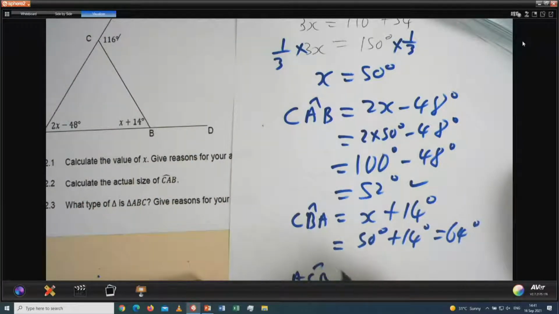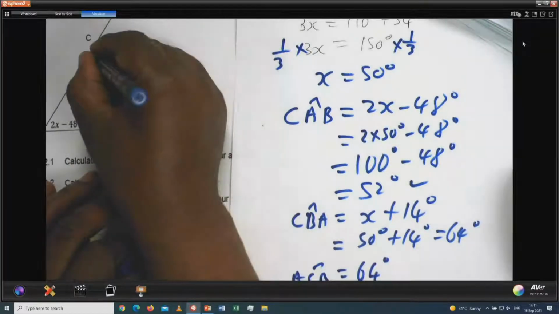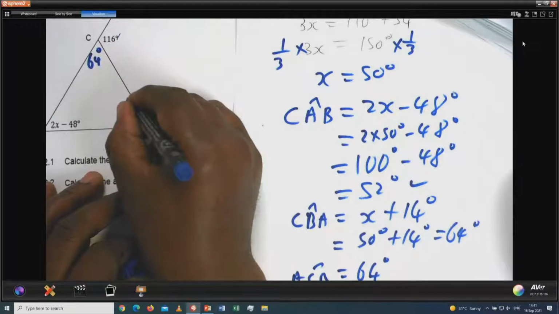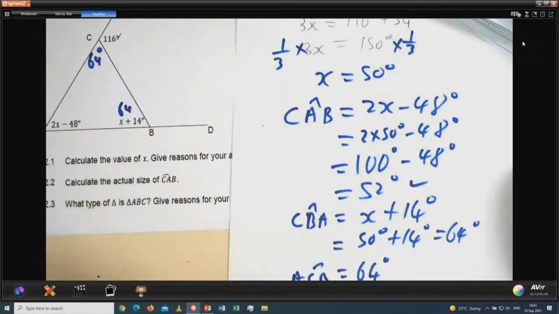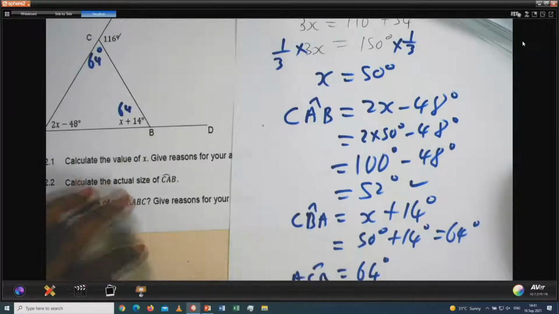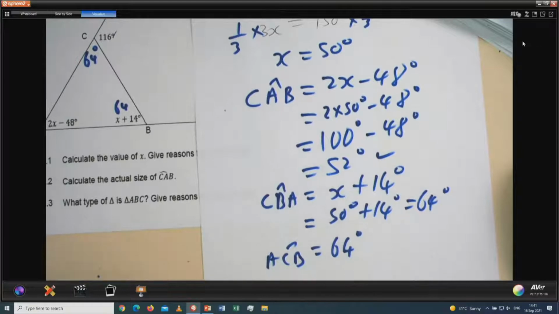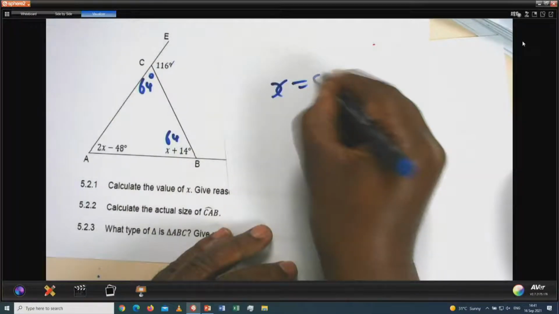ACB is equal to 64 degrees. Therefore, if this angle is 64, this one is 64. No, sorry. CBA. Something not right here. Let's start this one. Apologies. Let's start this one. And we found out x is 50, right? X is 50 degrees.